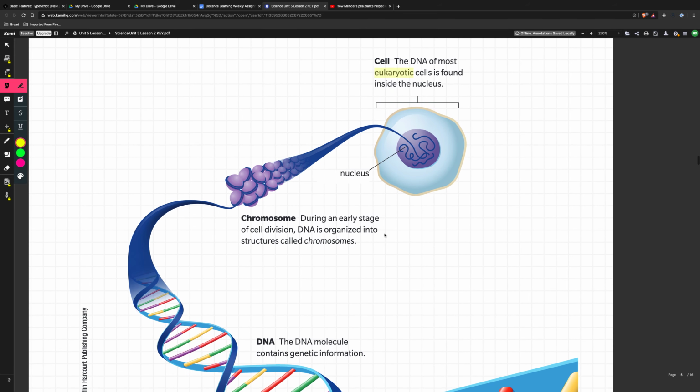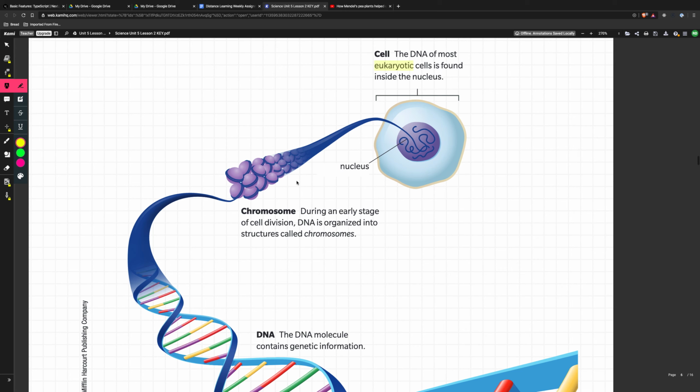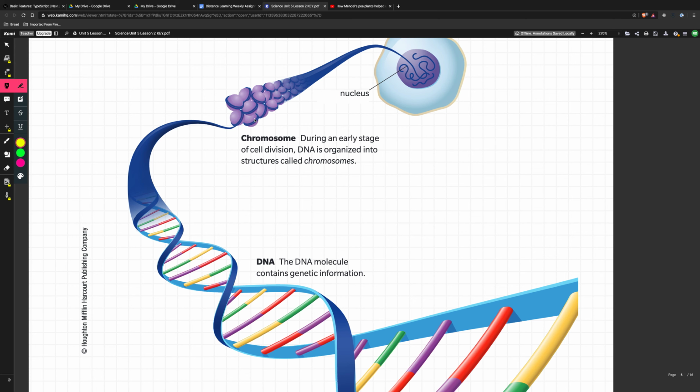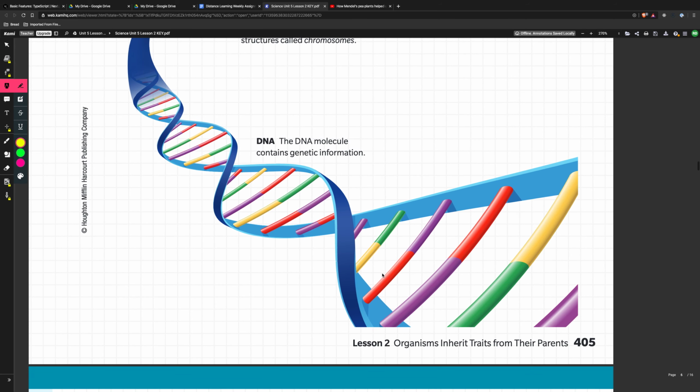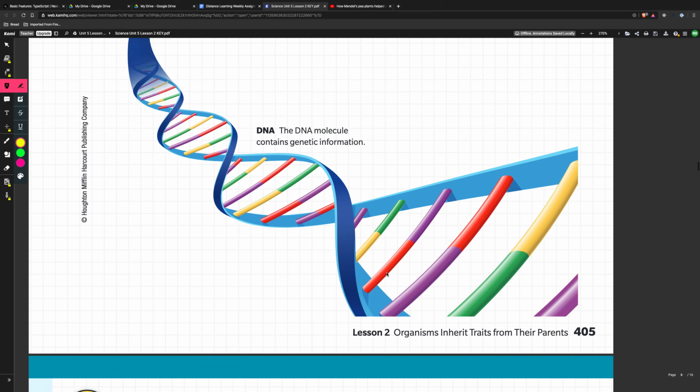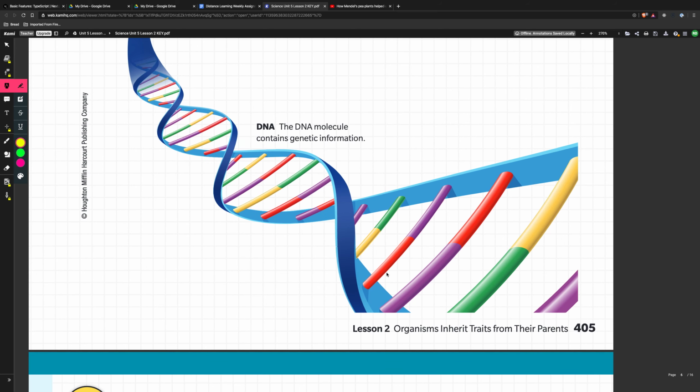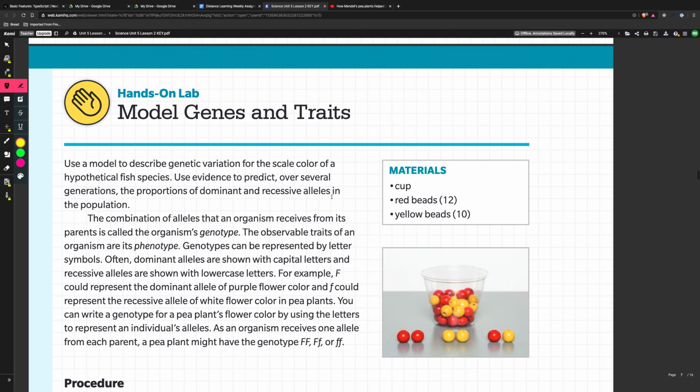This says during an early stage of cell division, DNA is organized into structures called chromosomes. So there are various chromosomes, and the DNA is these molecules that contain information. These are essentially different proteins that are all wrapped up in a spiral shape. I'm not going to go into how that works any more.